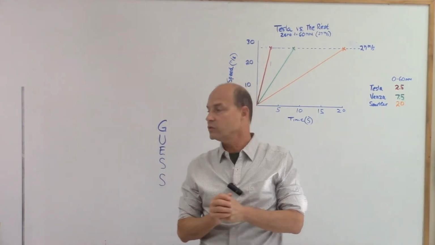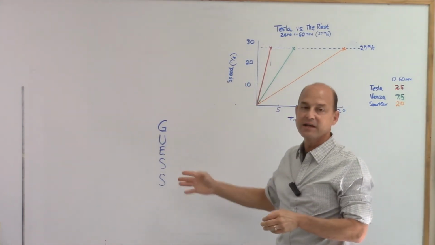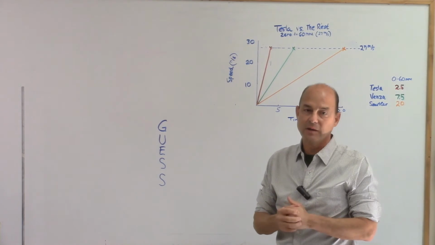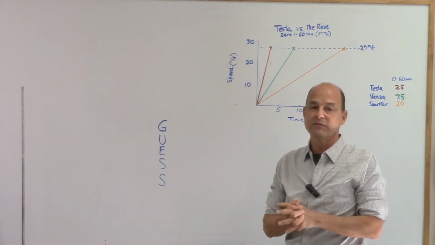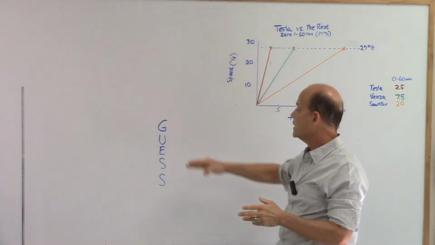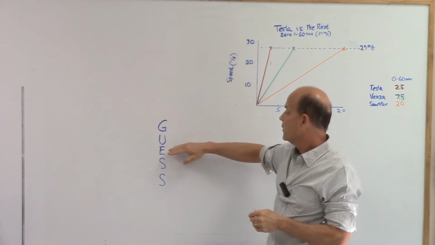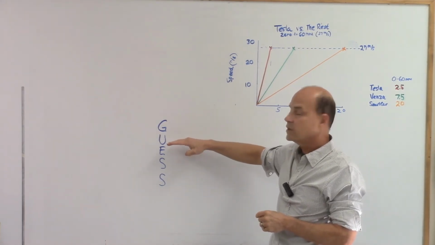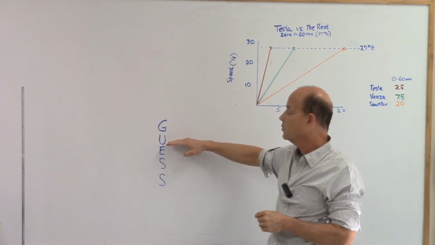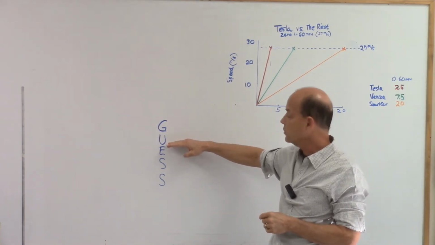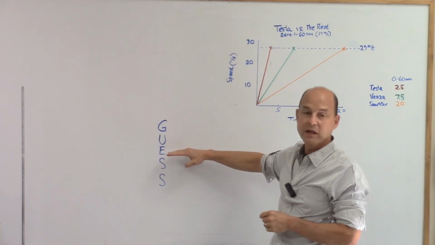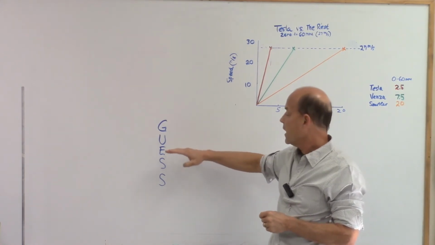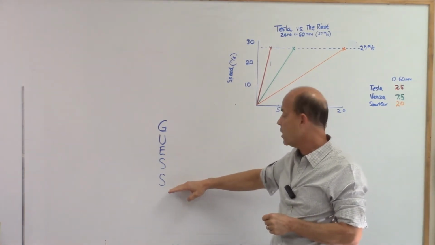So I'm going to refer to my GUESS strategy several times during our study of physical science and physics. And GUESS is an acronym for writing down your given information, determining what it is that you want to know, or what is your unknown, what equation do you have, and then substitute and solve.